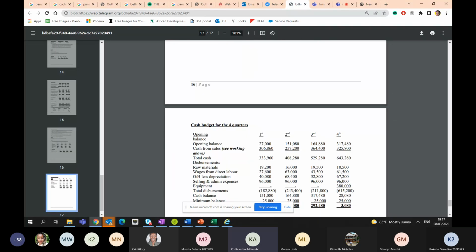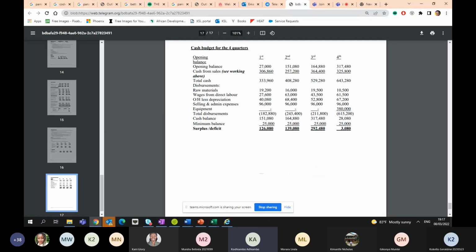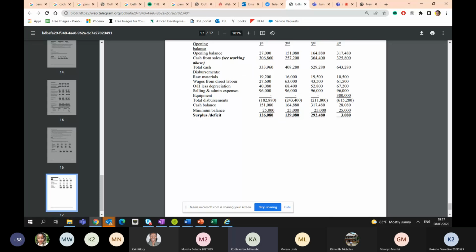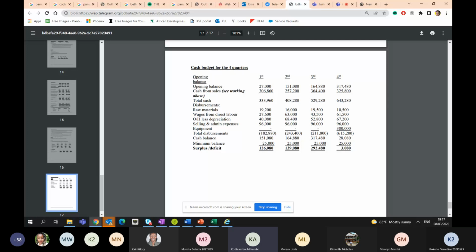So we start with the opening balance, we put the cash, we put the expenses, what they're calling the disbursements here. Then we have the minimum balance, then we have the deficit. Whatever is surplus, we carry forward. Then in the next quarter, we start with the cash balance.